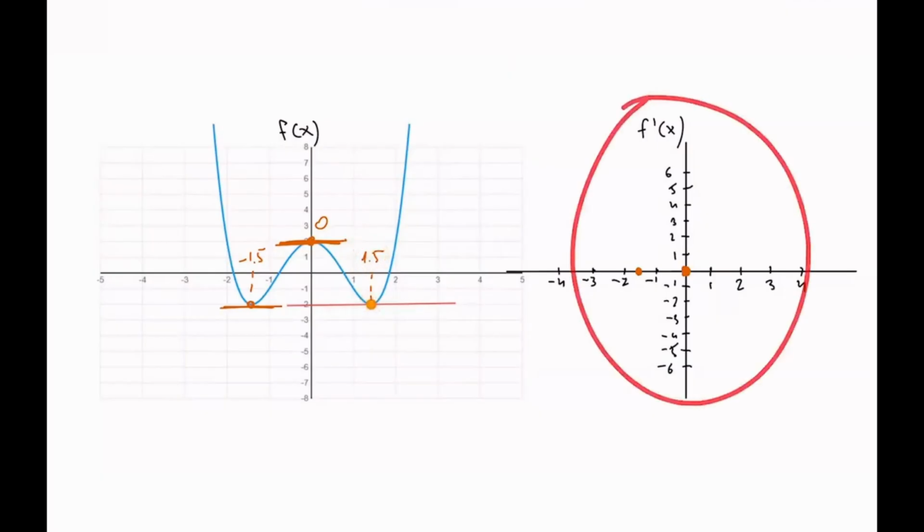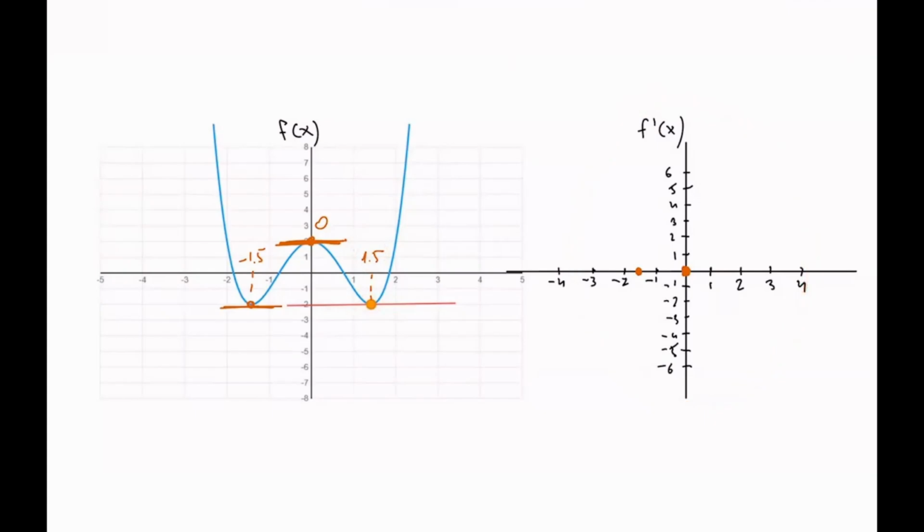So on the graph of f prime of x, we will also put the point 1.5 comma 0. This one is 0 comma 0, and this one would be negative 1.5 comma 0. So again, remember, these y values are the slope of the tangent line of f of x.